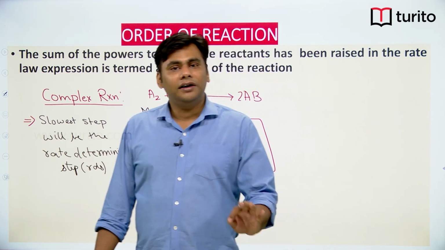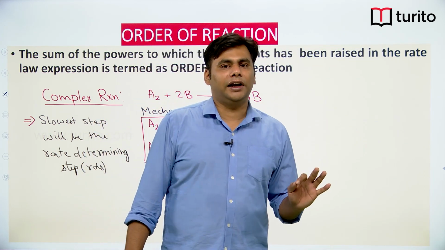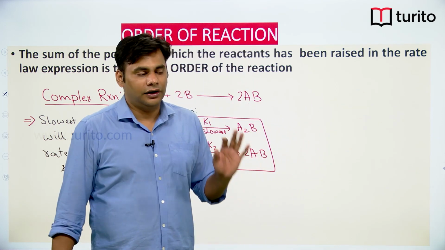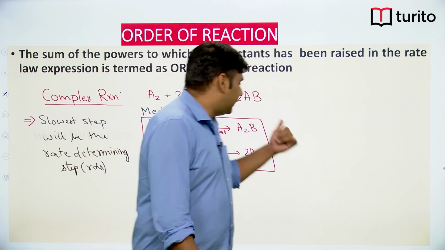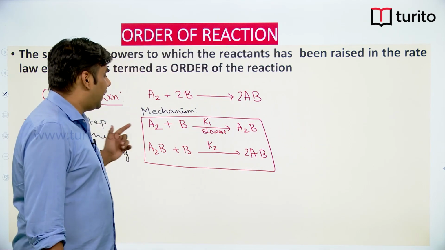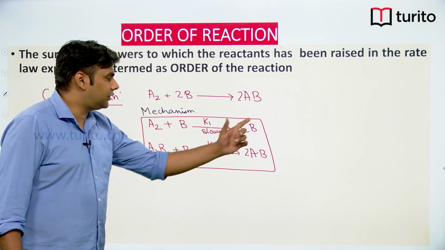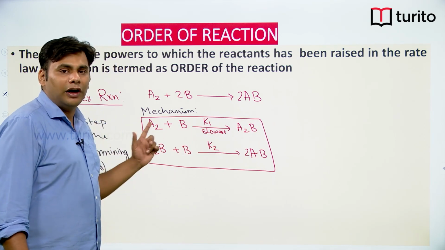So basically the step which takes most of the time in the reaction is said to be determining the rate of the reaction, because if you consider these two reactions, this is the step in which the reaction has spent most of the time.